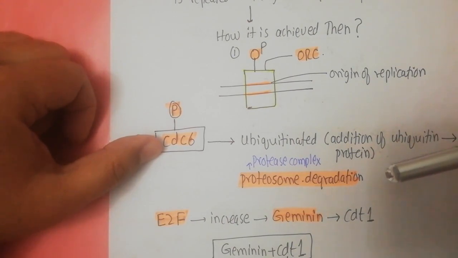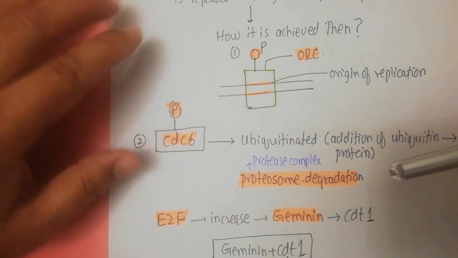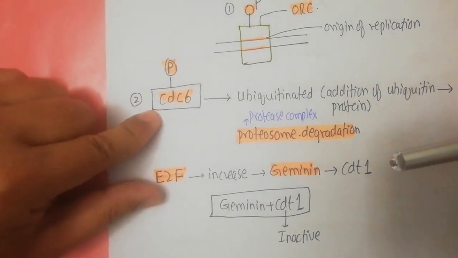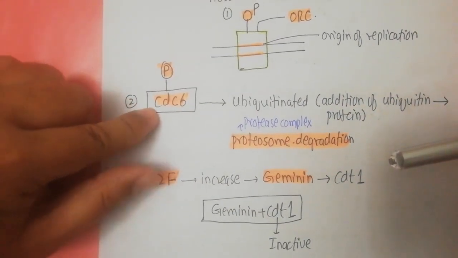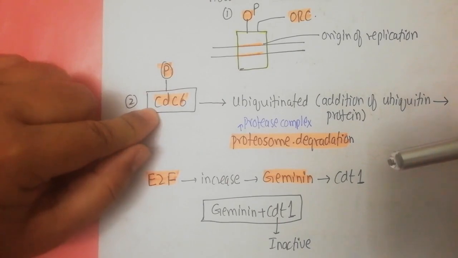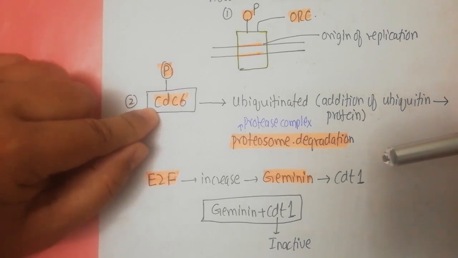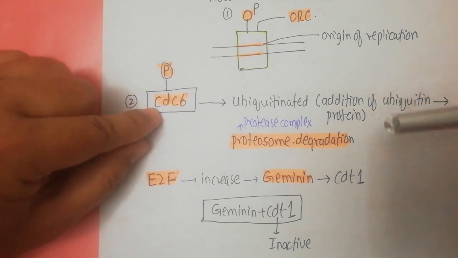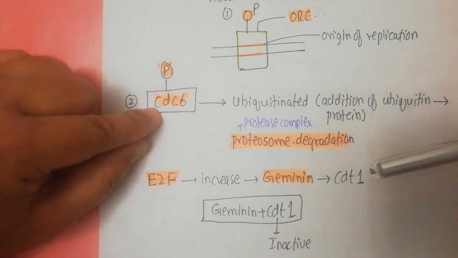When CDC6 is not able to bind, that means it is there in the cell and we do not need it anymore, because once you have fired from a particular origin and replicated the DNA, you are not interested in the function of CDC6 now. You will need it once you want to divide the cell again.